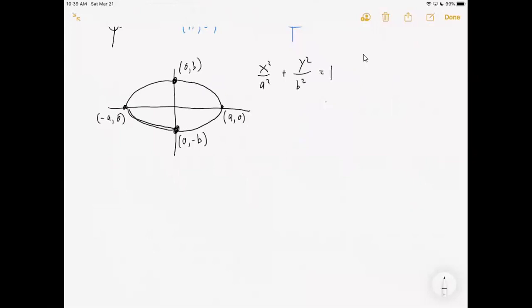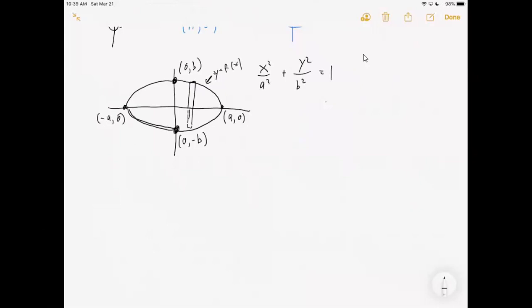Now, just like for solving for the sphere, we will need to solve for y if we want to be able to take rectangles in this first quadrant here and rotate them around to form discs. We're going to need to know the equation of this line in terms of y as a function of x.